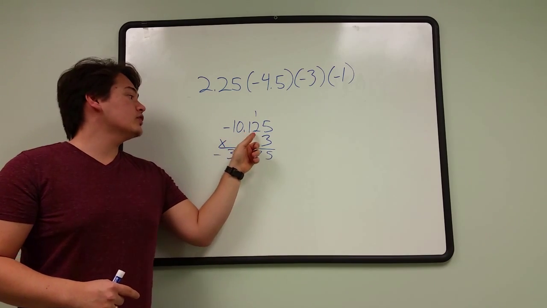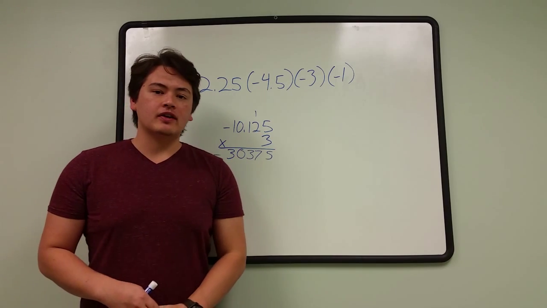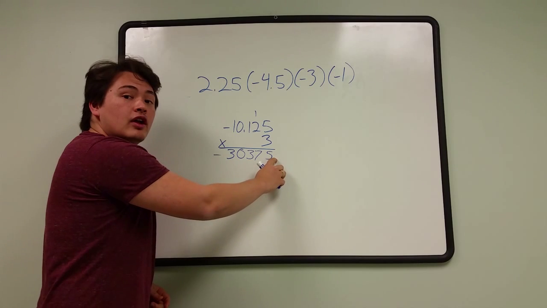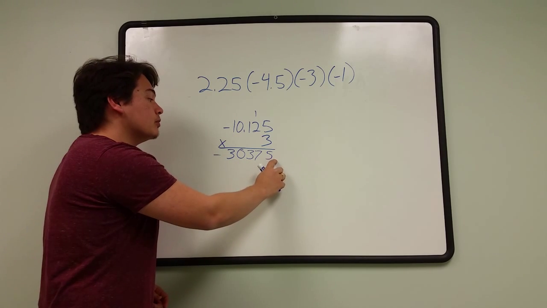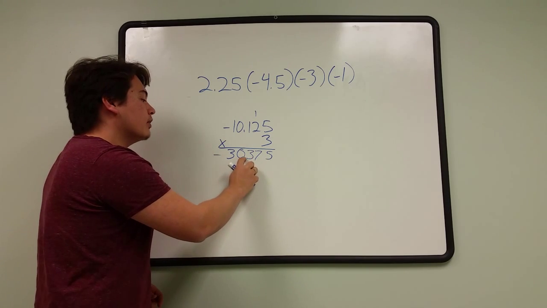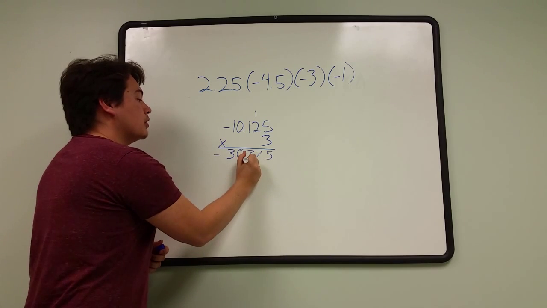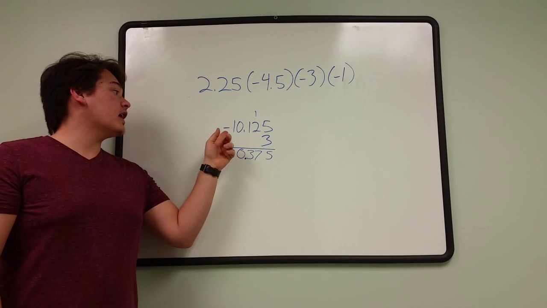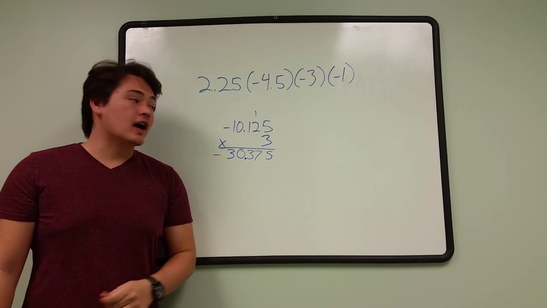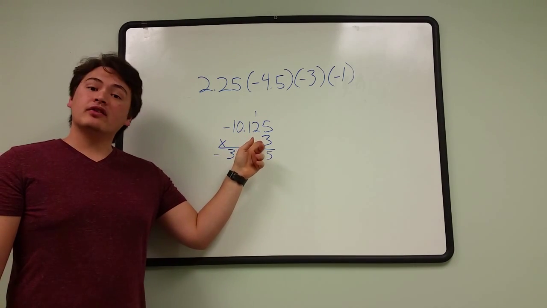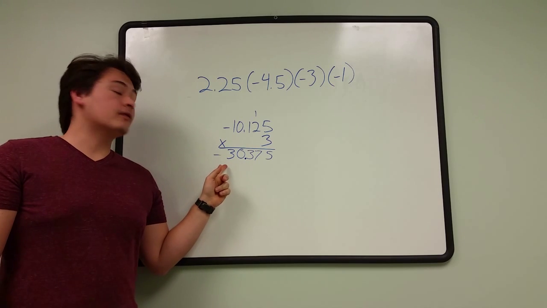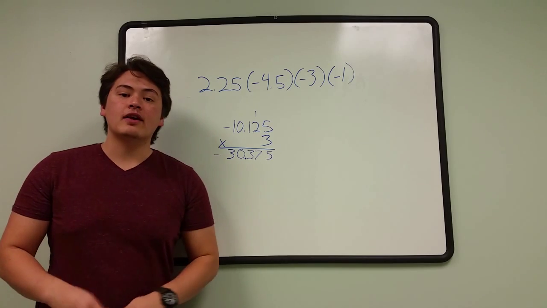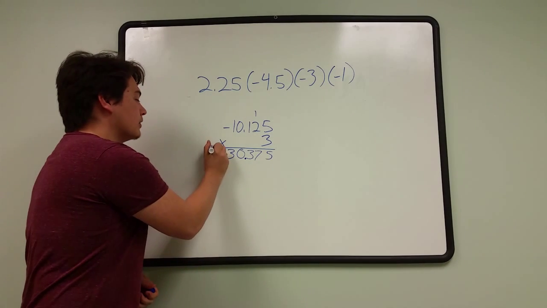We have 1, 2, 3 numbers beyond the decimal. So starting from here, I'm going to count 3 to the left. It's going to be 1, 2, 3. So that is where I'm going to be placing my decimal. So when I multiplied negative 10.125 times a positive 3, it gives me the answer of negative 30.375. And this is my final answer.